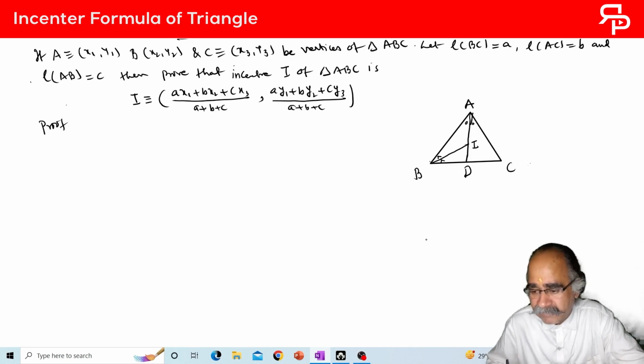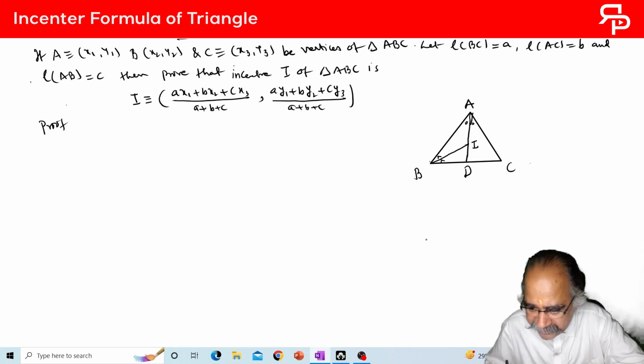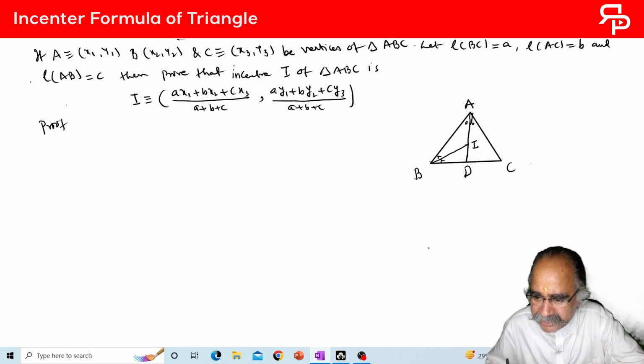So from here we will begin. First we'll find the ratio in which D divides BC, then using the section formula we'll find the coordinate of D, and then we'll find the ratio in which I divides AD, and using the section formula we'll find the coordinate of I.